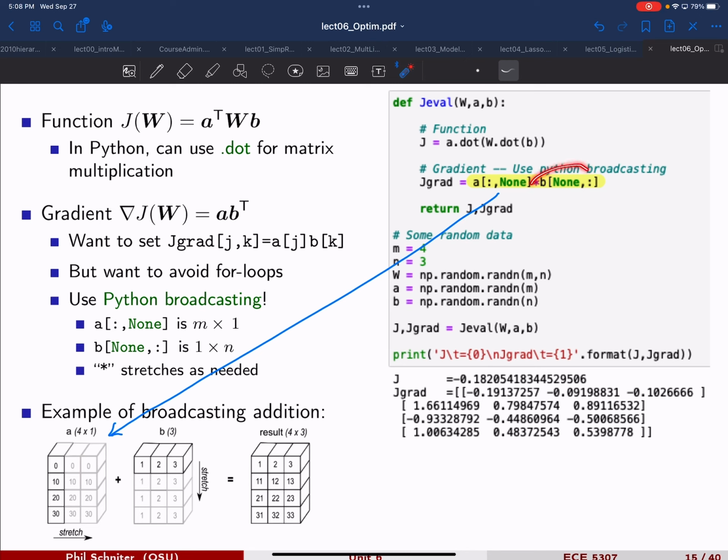Now, with B, you're doing B none, comma, colon. It does the same thing, but now it puts B along the first row. So this colon means use all the columns for B. And it just expands them until these two things have the same size.